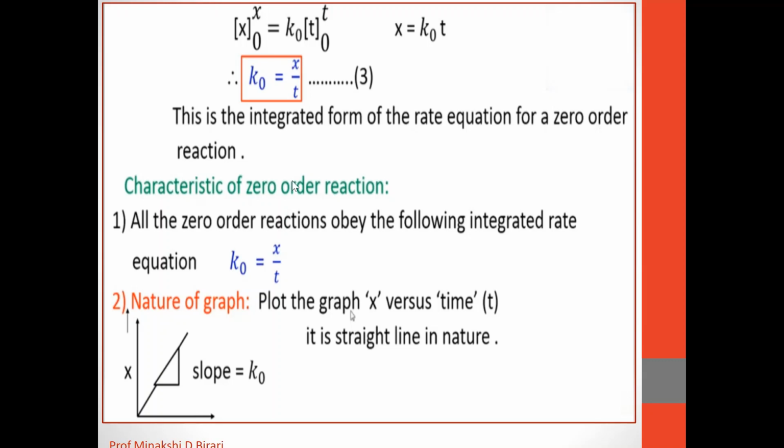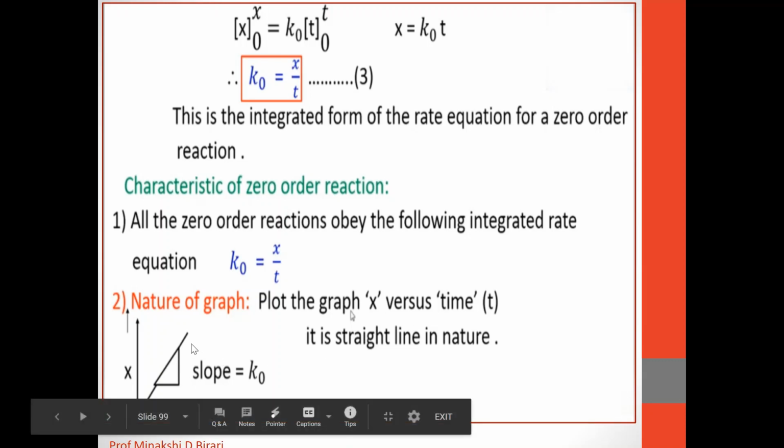By considering equation 3, x is equal to K0 into t, if we plot the graph of x versus time t, we get this type of graph. It is a straight line in nature and this line is passing through the origin.